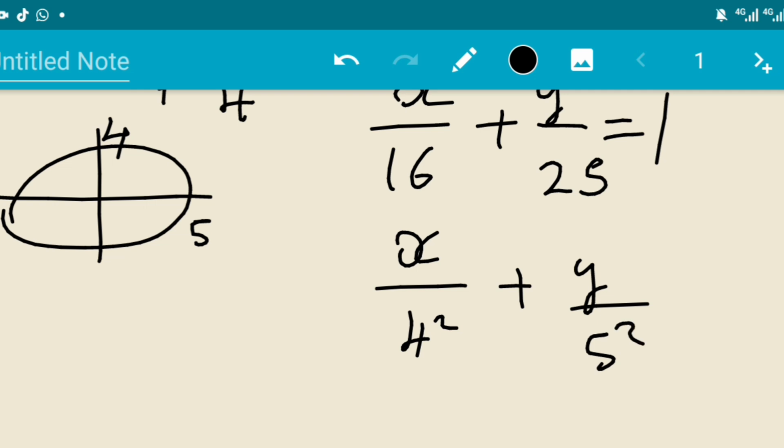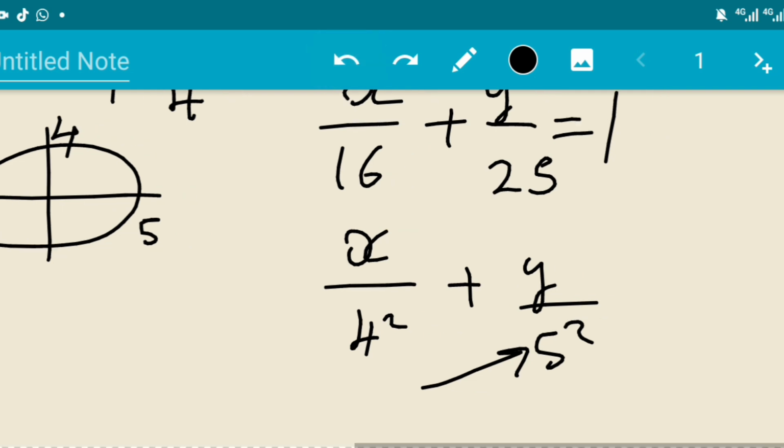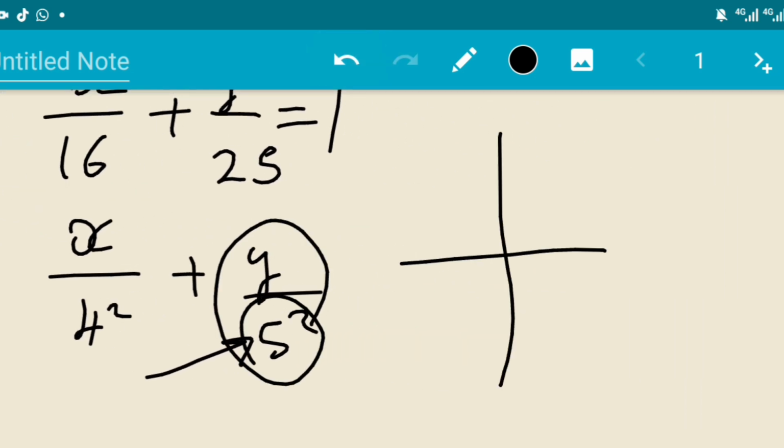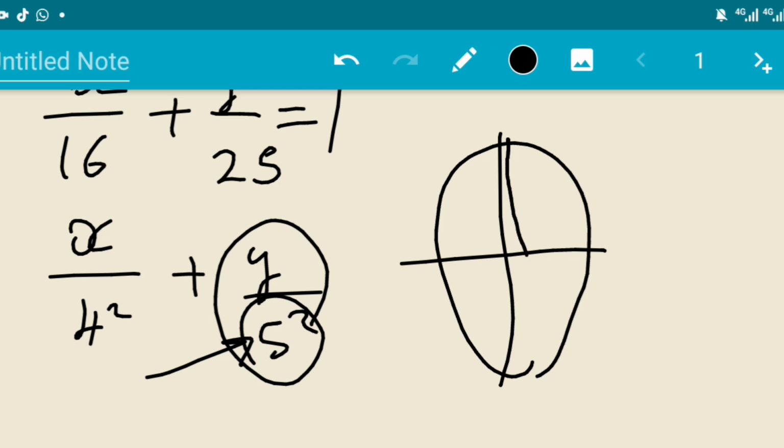Then this here is your B, and this here is your A. Why are we calling this A? It's because it's bigger than the other one. And because the bigger one is under the Y, the major axis will be on the Y. So this would be 5 from there, negative 5, then positive 4, negative 4. So we're done with this question.